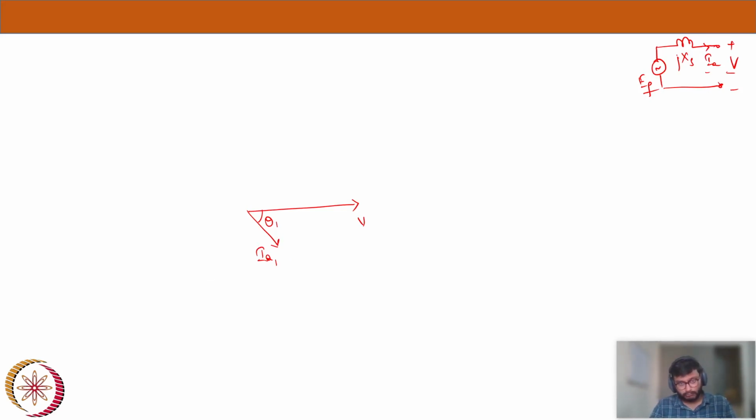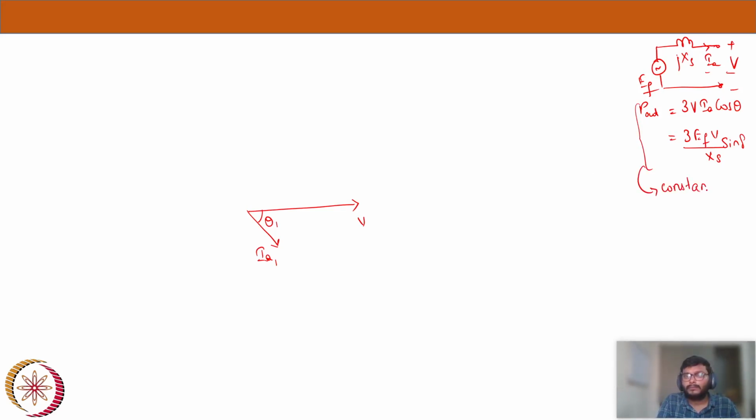From the equation we have written, I'm once again writing it here so we don't go back to the previous slide every time: cos theta, EF V by XS and delta. This is constant. From these equations on the screen, the output power has to remain constant, right?